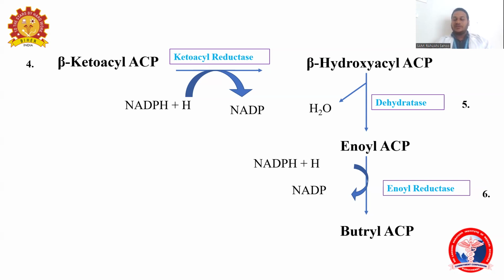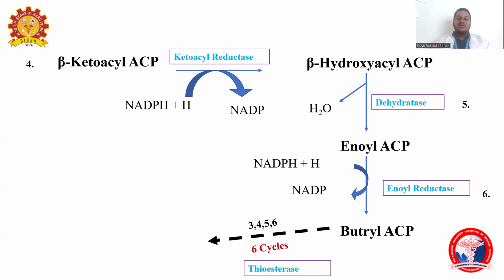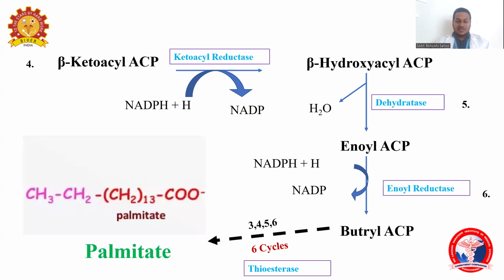These four reactions, formation of ketoacyl ACP, hydroxyacyl ACP, enoyl ACP, and butyryl ACP, take place 6 times again and again, and with the help of thioesterase, the releasing enzyme, form palmitate, which is a 16 carbon atom compound.